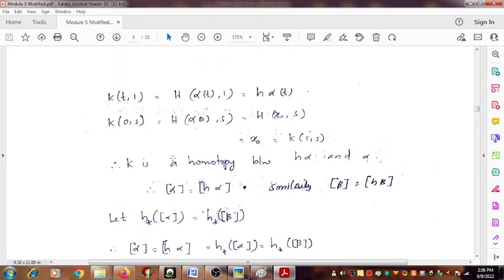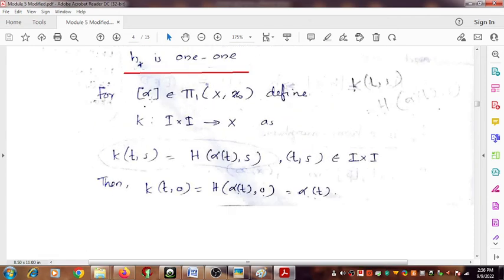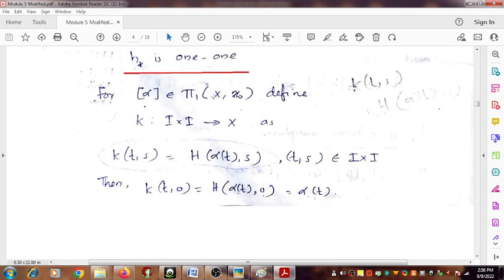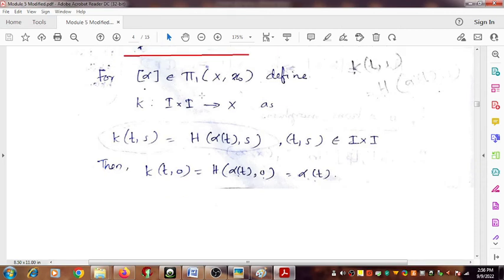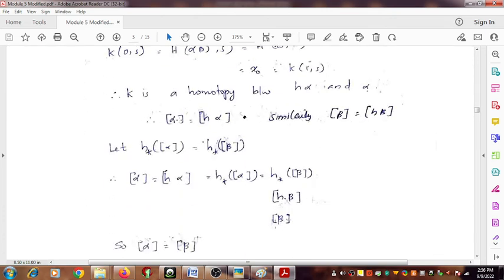Where is [α] actually present? We are taking [α] belonging to π1(X, x0), so α is an arbitrary loop present in X. For every member present in the first fundamental group, we have the corresponding loop. For that loop, [α] = [h∘α].